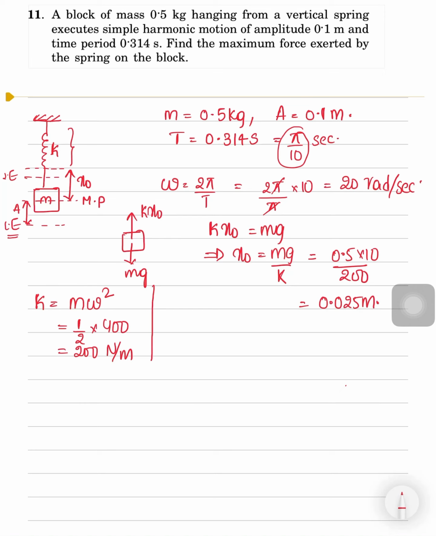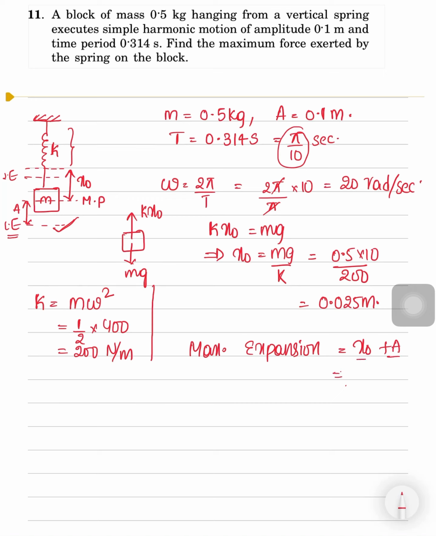Now when the spring is at its lower extreme position, the expansion is going to be maximum, and maximum expansion here is going to be x0 plus A. We know the value of x0, we know the value of A, just substitute here.